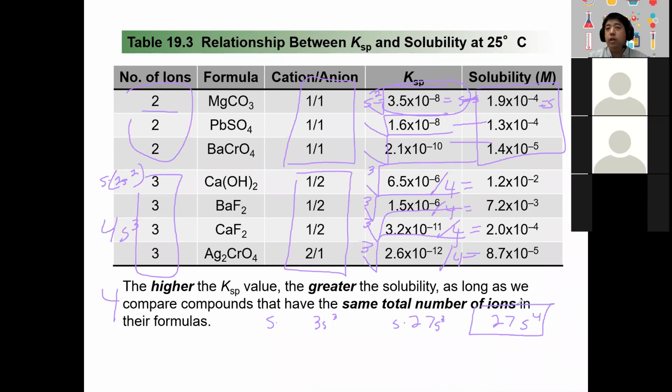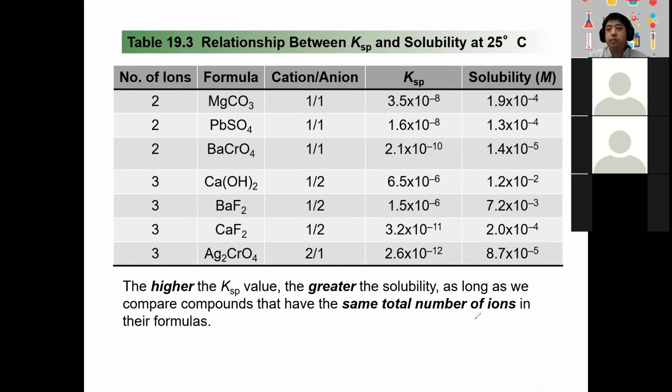So I don't want to go ahead and use this to solve for my S. It's going to be a big pain, but essentially the same format. I take whatever my KSP is at that moment, divided by 27, and then do the fourth root. Any questions?